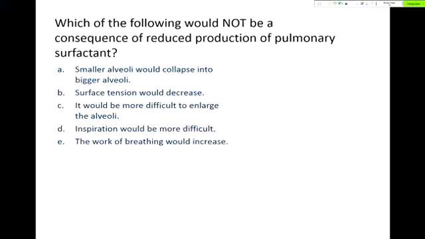Question 2. Go to it. Polling open. I'll press the minute to go when probably half of you have answered the question. That'll be my reminder.